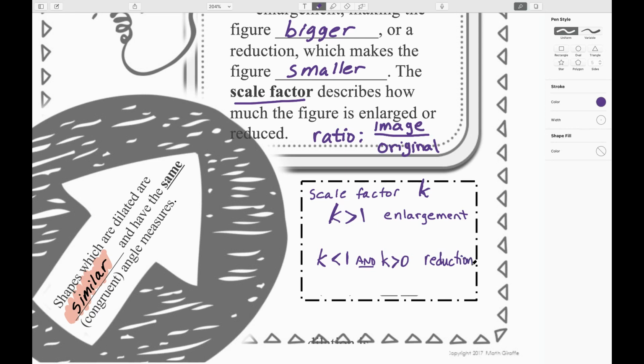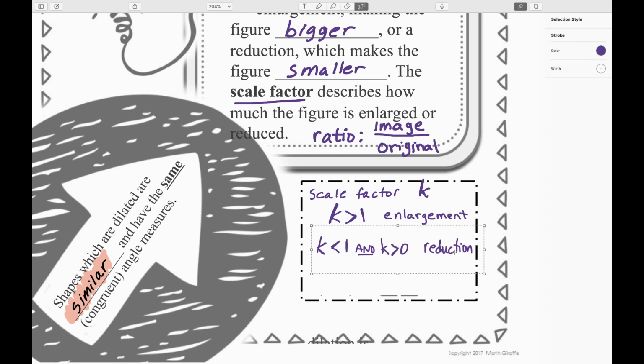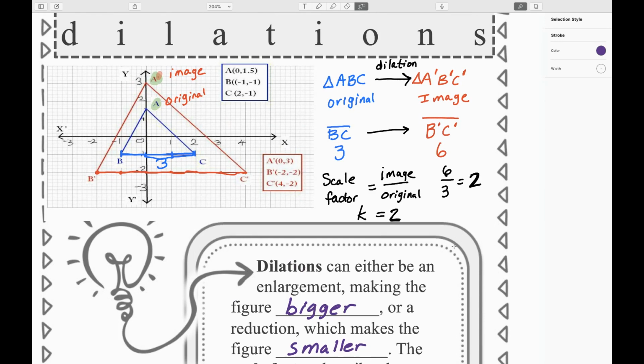Now, we had some examples, and they were on a grid. You can see it up here. So we're going to go back up to here. Okay, and we had that on a coordinate plane. So I want to take a look at what's happened to the coordinates.